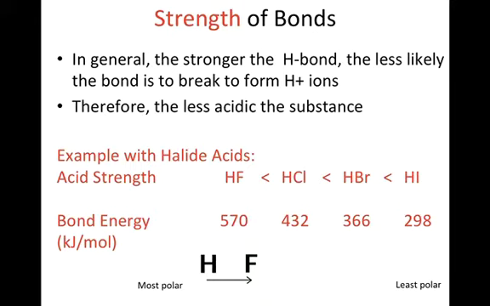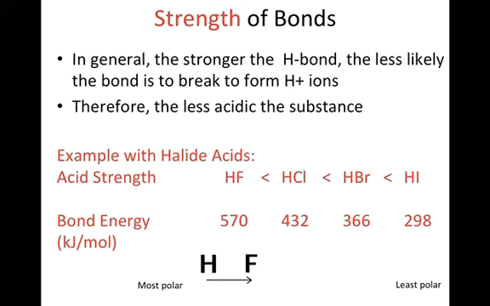If you look here at the halides, everybody go find the halides in group 7A, and you'll notice we have hydrofluoric, hydrochloric, hydrobromic, hydroiodic. You'll notice a measurement in kilojoules per mole of the actual bond energy. The bond energy, as we go from top to bottom, is decreasing.